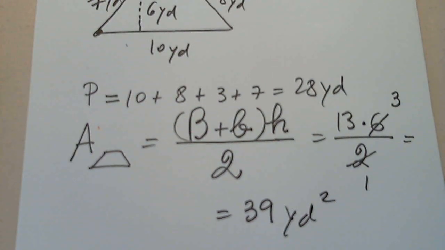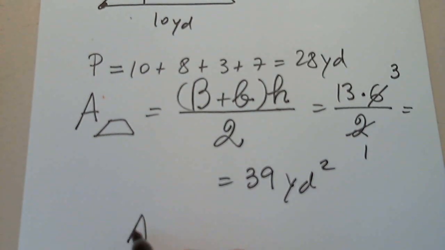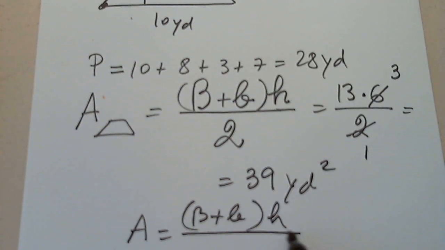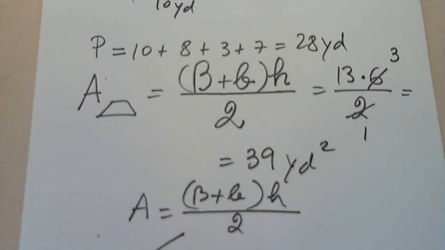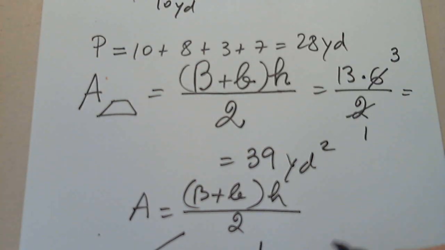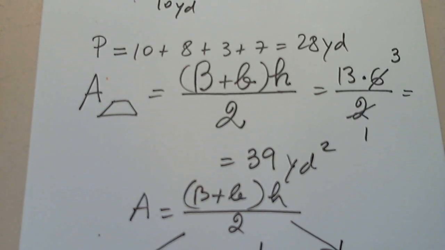Here's a question for you. Actually, 2 questions. We have this formula. I want us to solve for lowercase h. This is one problem. And the second time, I want us to solve for lowercase b.